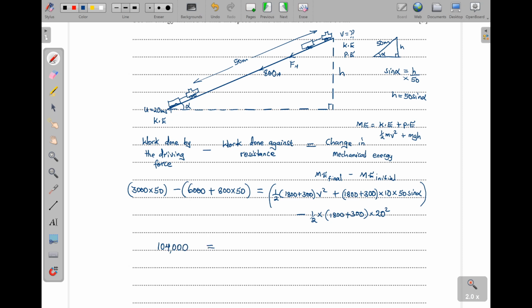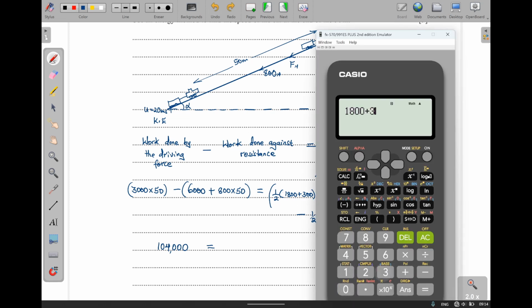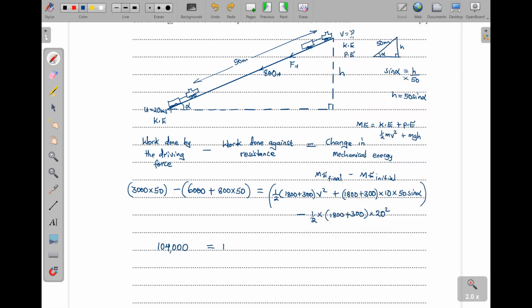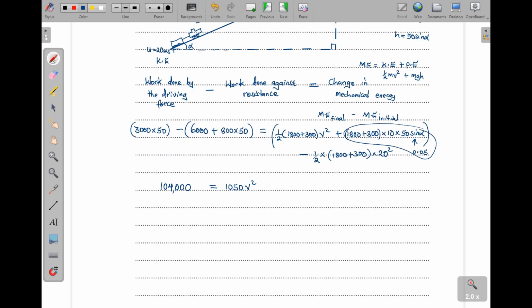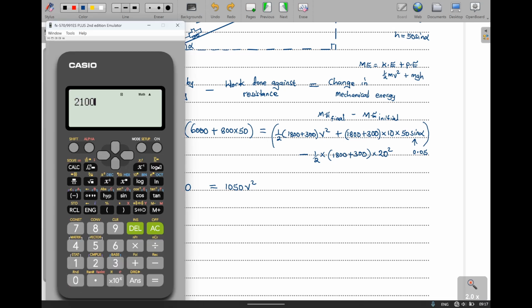Then on the right here, what is this one simplified? 1800 plus 300, then divide by 2. That is 1050. So 1050 v squared. So what do we get here when we multiply? 2100, then times 10, that is another 0, then times 50, then times 0.05.